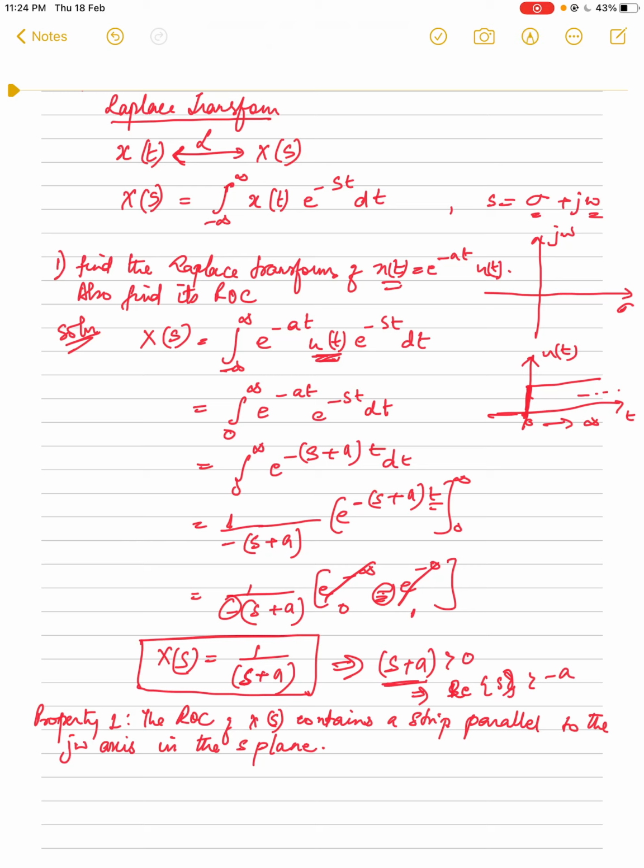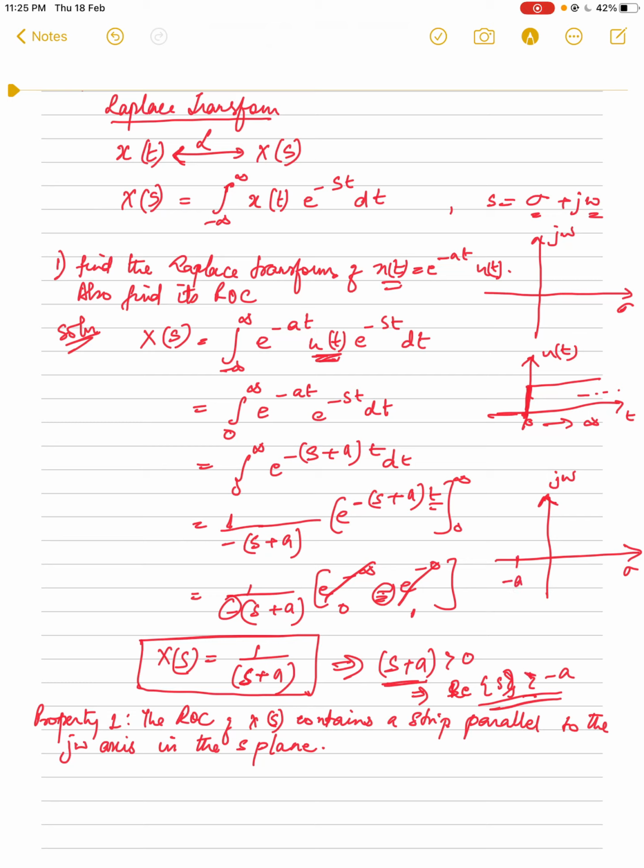So when you draw your s plane, this is your sigma, this is your j omega. The ROC of x of s contains a strip parallel to the j omega axis. Since I'm saying real of s is greater than minus a, it becomes the negative axis minus a.